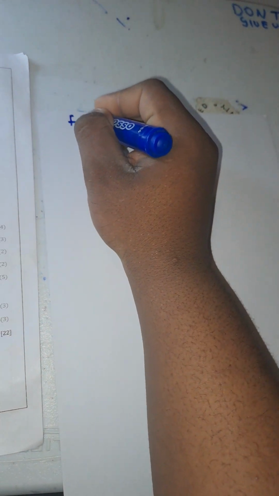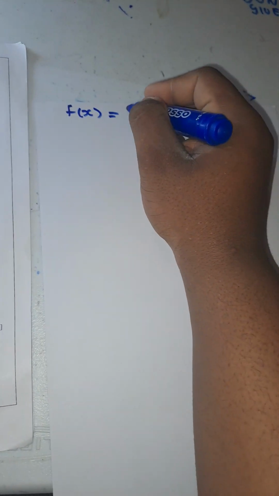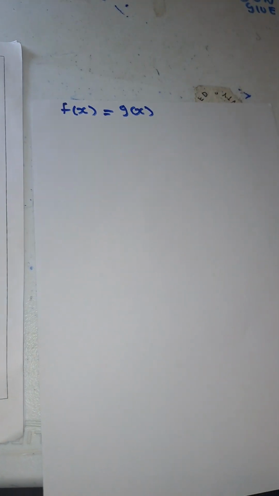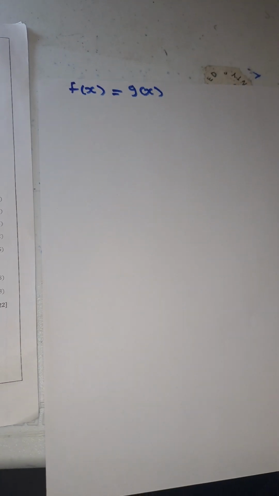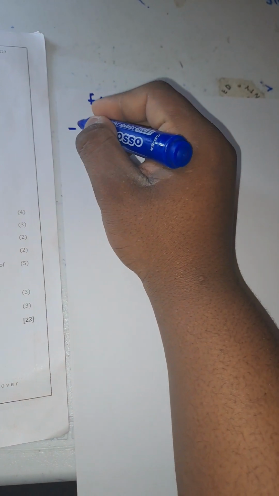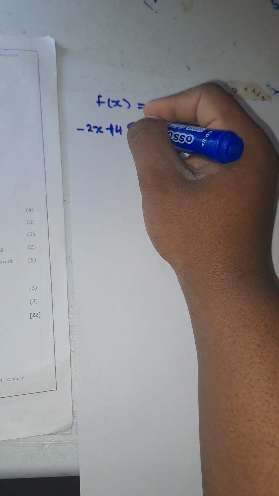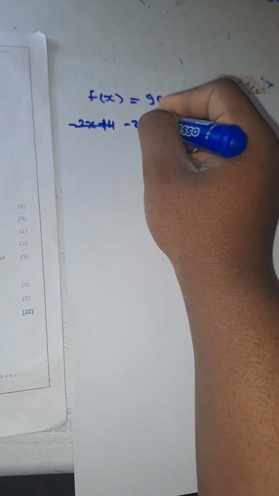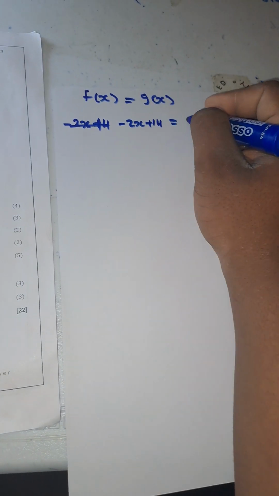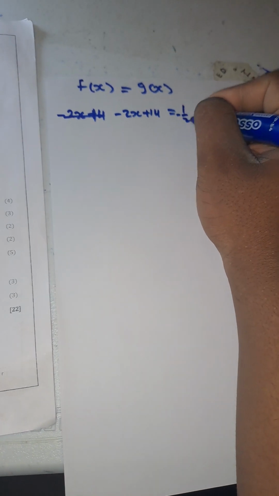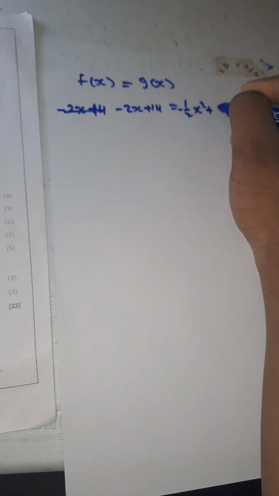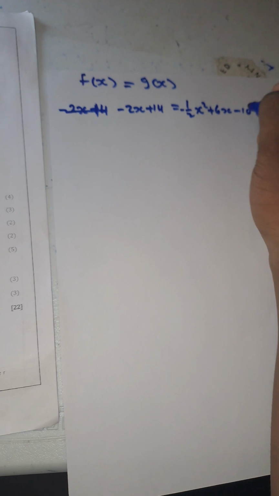Point of intersection, you're simply going to say f of x equals g of x, whereby my f of x is minus 2x plus 14, equals minus half x squared plus 6x minus 10.